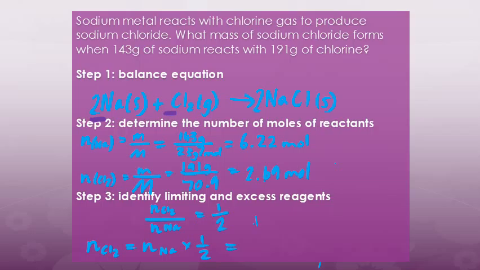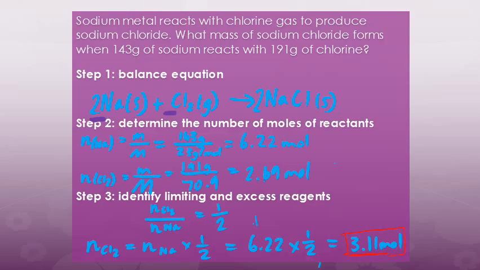So this will be 6.22 multiplied by a half, which equals 3.11 moles. So for all of the sodium to react, I need 3.11 moles of chlorine.